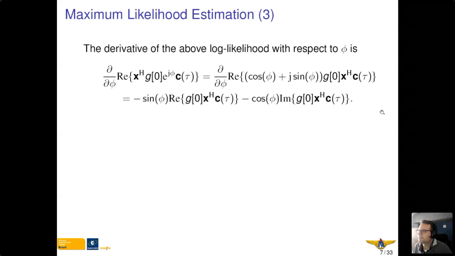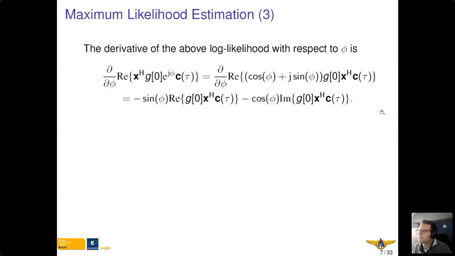We can further write this as the real part of g0 of x Hermitian c times the square root of 1 plus psi squared, so the imaginary part divided by the real part of the cross correlation. And finally, we can rewrite this in this form, and we get to something very simple here, right?